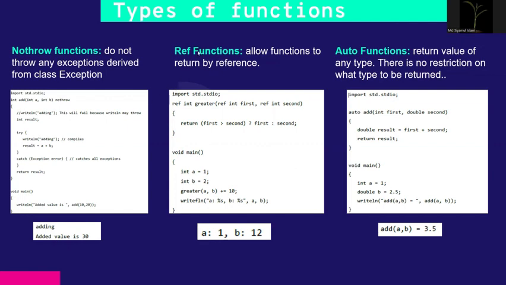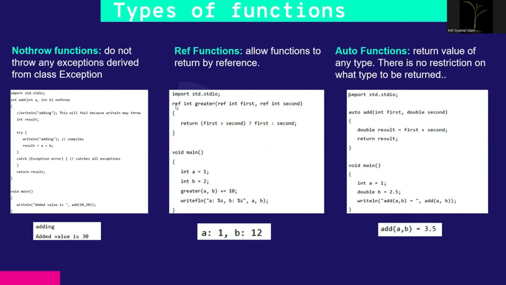Another function is called a ref function. It allows a function to return by reference. Return by reference. A reference is a type in D. For example, here is an integer a and an integer b. Now we are calling this function.